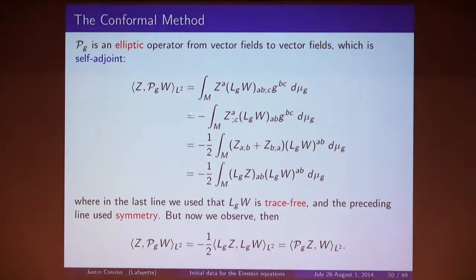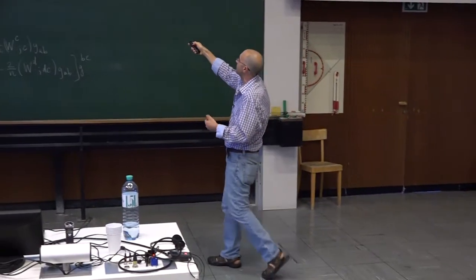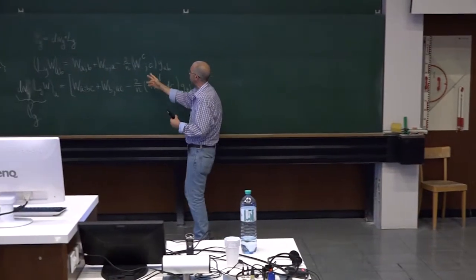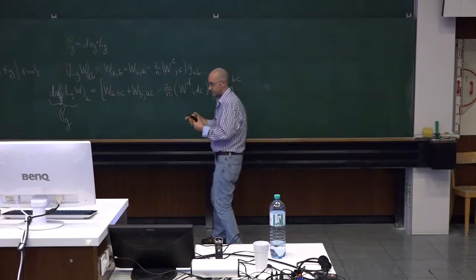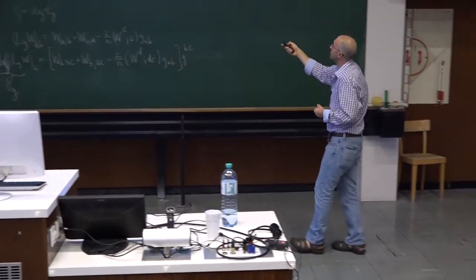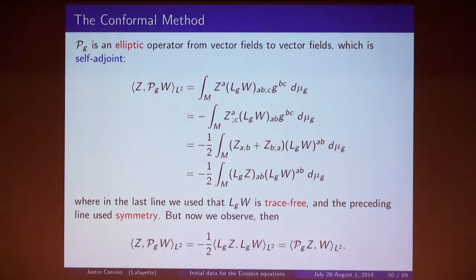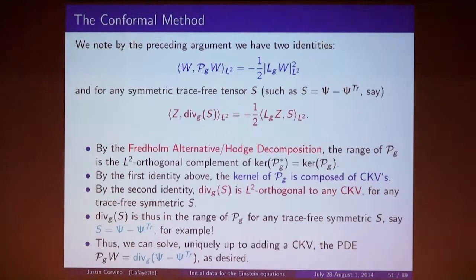So we'll subtract off the trace part from it. So from this Lie derivative term, the Z term, we'll subtract off its 2 over n divergence times the metric and find that we get LZ right here. And of course, from this last equation, then, you see this is symmetric in Z and W. Okay. That's just a little trick.